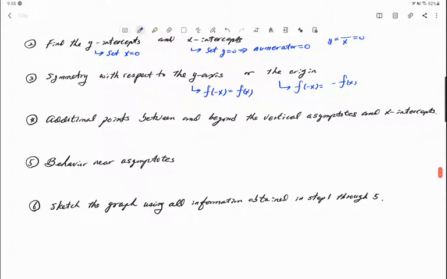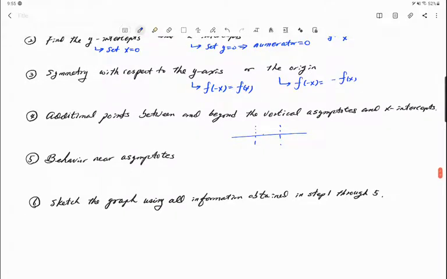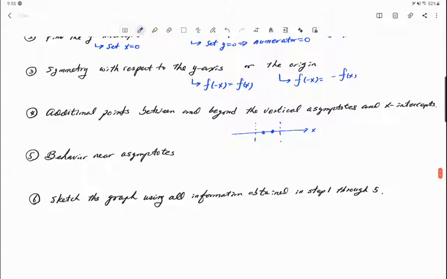And also, this is important. Now check additional points between or beyond the vertical asymptote and the x-intercept. We know the vertical asymptote, and let's say there is an x-intercept like this. This is the x-axis.